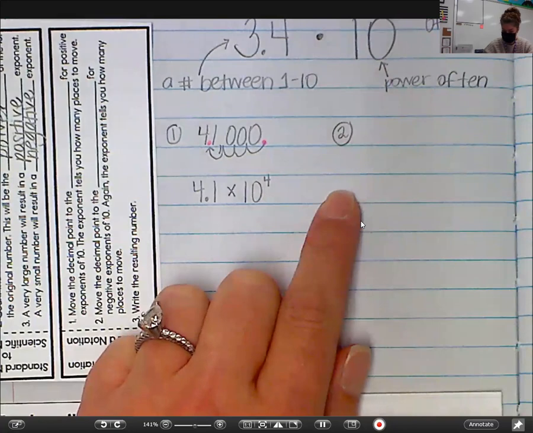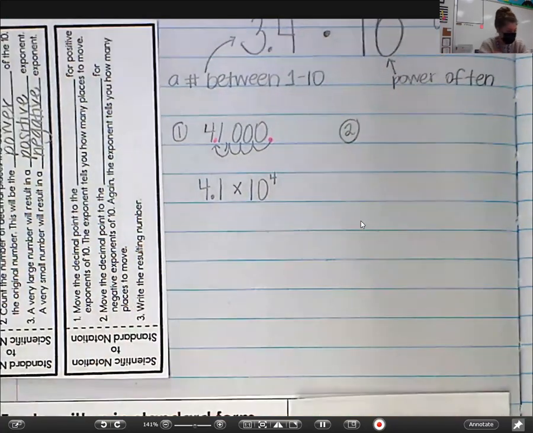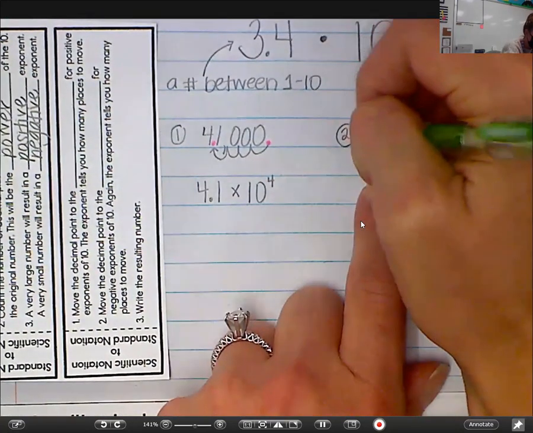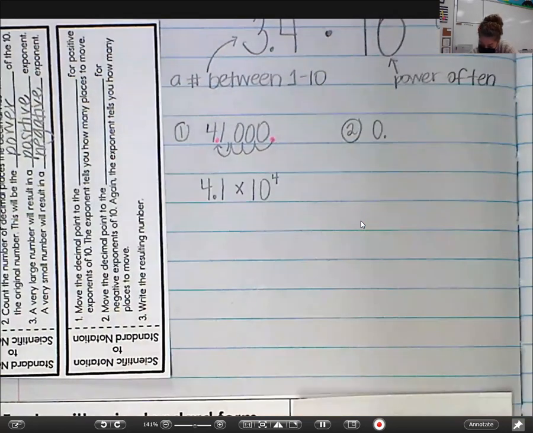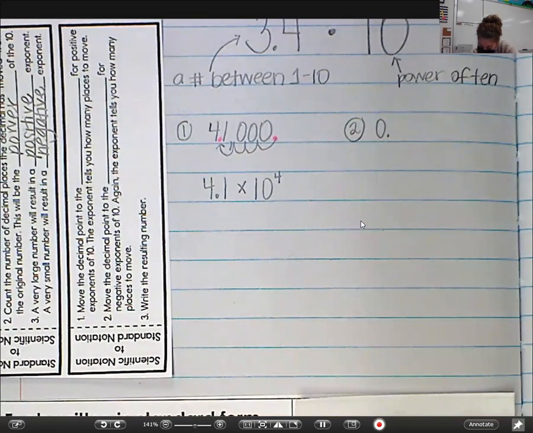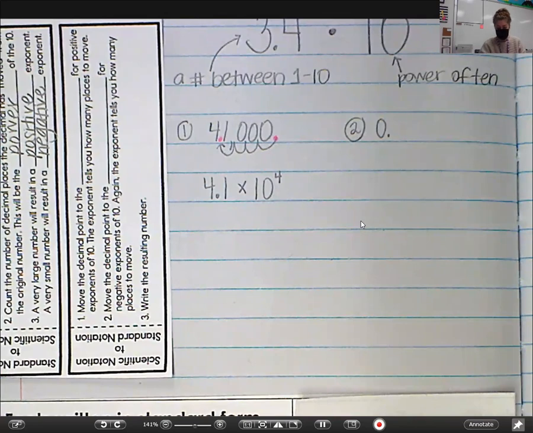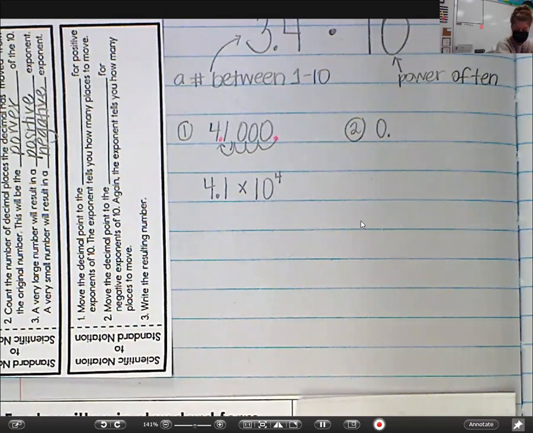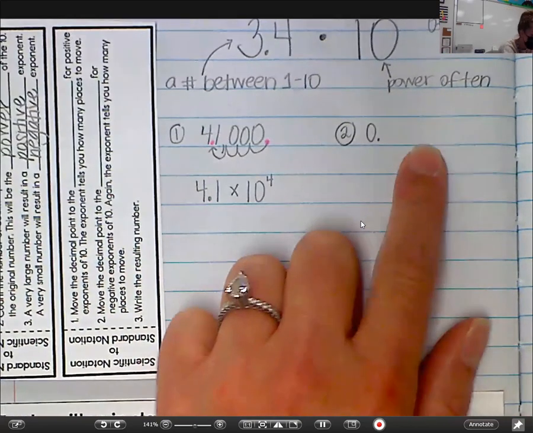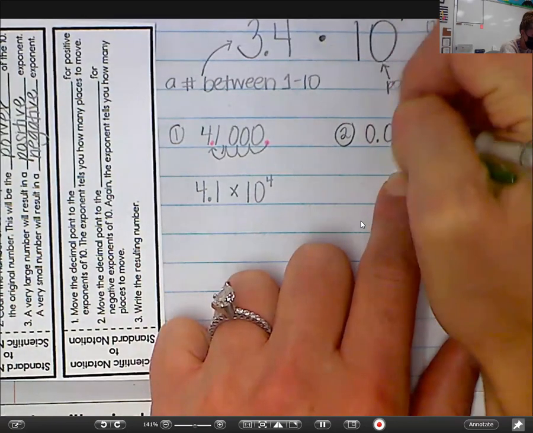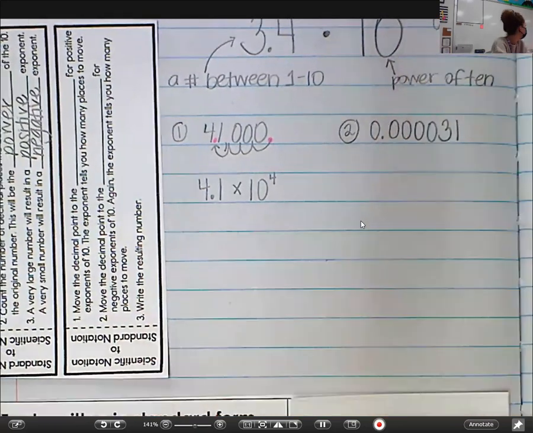Number 2. Let's do a really small number. Let's see if I can say this one. Okay, so we're going to write 31 millionth. That's a decimal with 4 zeros and then 31.